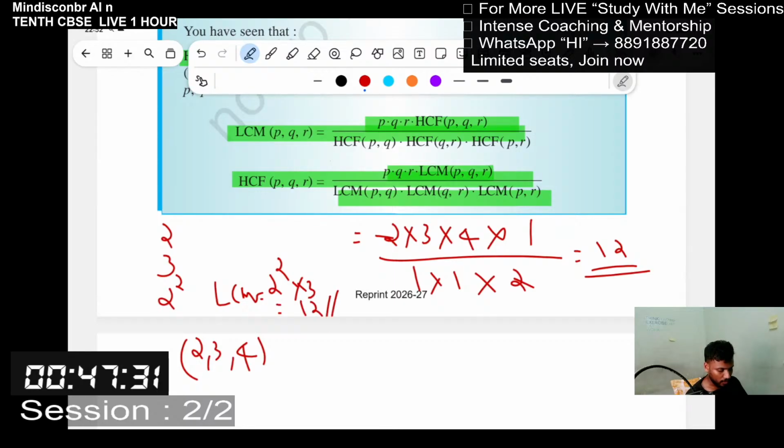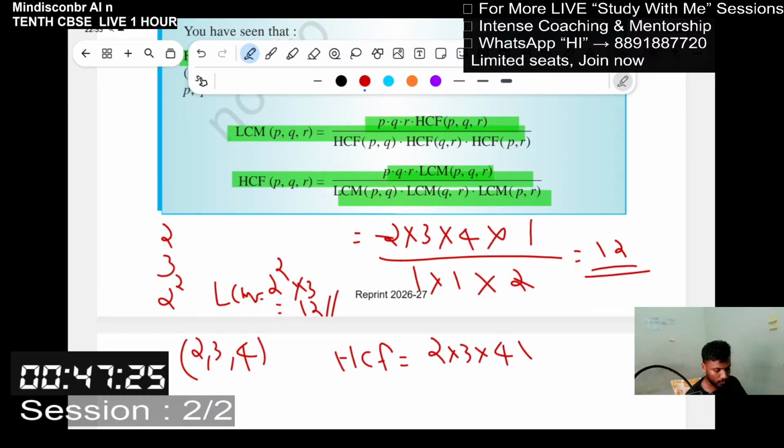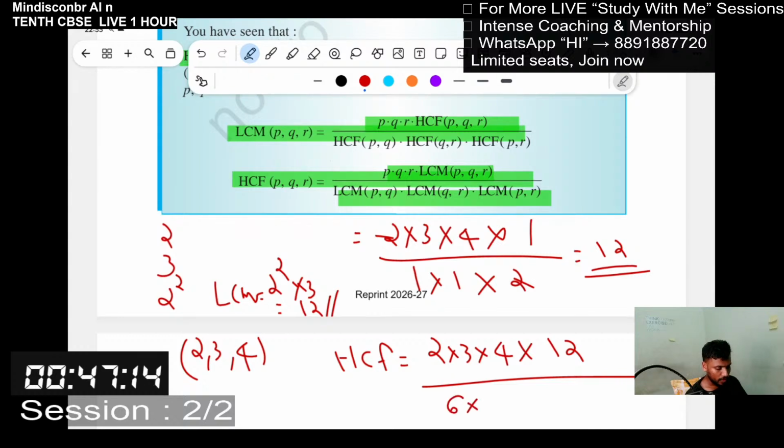It's right. And now coming to HCF, P into Q into R, 2 into 3 into 4, into LCM of PQR, which is 12, divided by LCM of PQ. LCM of these two numbers is 2 into 3, this 6, into LCM of Q and R, 3 and 4, which is 12, into LCM of P and R, 2 and 4, that is 2 and 2 square, LCM is 2 square, that is 4. 4 is 4, 12, 12, 6, 6, HCF is equal to 1.